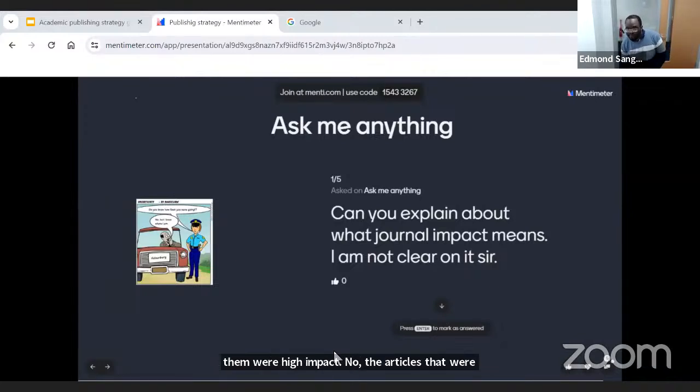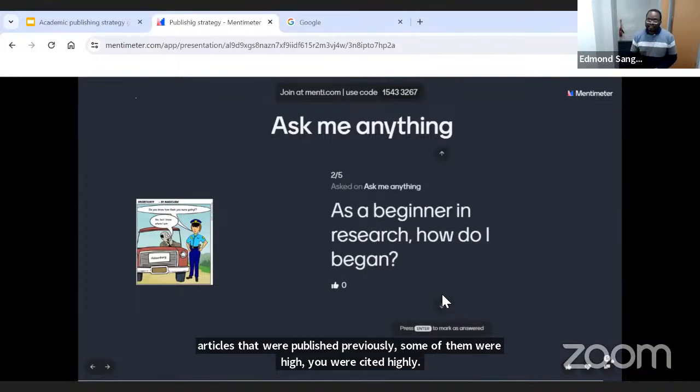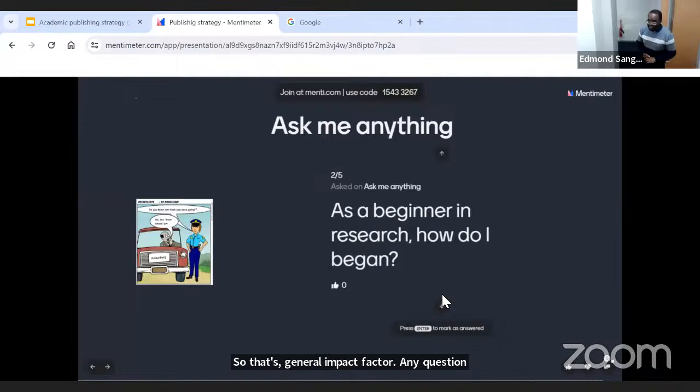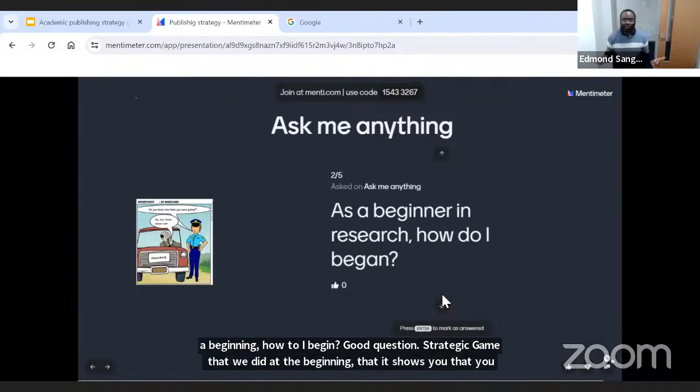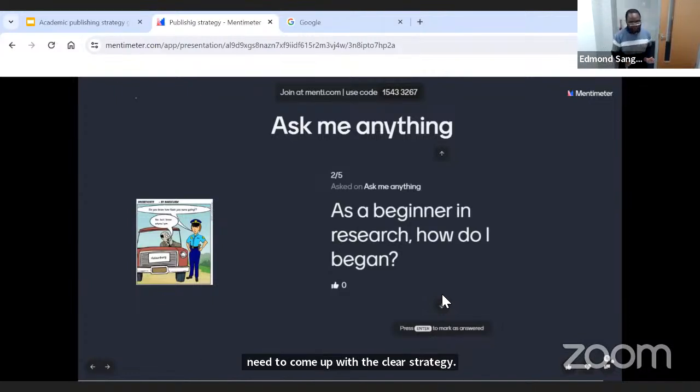Any question? As a beginner in research, how do I begin? Good question. If you did the strategy game that we did at the beginning, it shows you that you need to come up with a clear strategy. First, decide what type of researcher you are based on your early career stage, right?